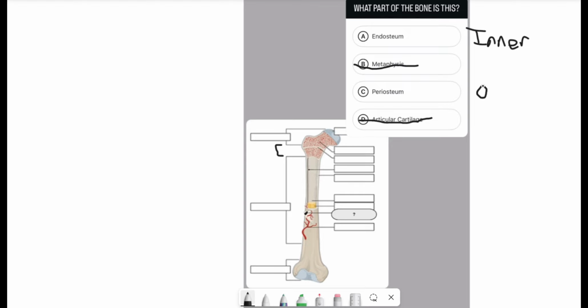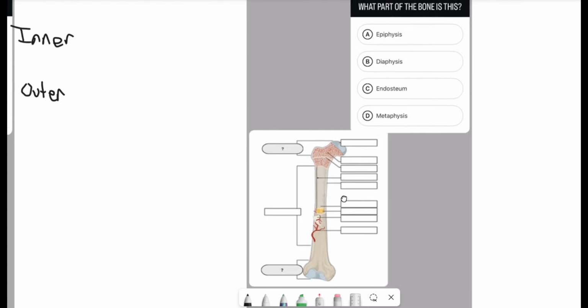Perio is pretty much outer. Right, so if this right here picture is showing the outer covering, then it's not going to be endosteum, it's going to be periosteum. Alright, pretty easy there.